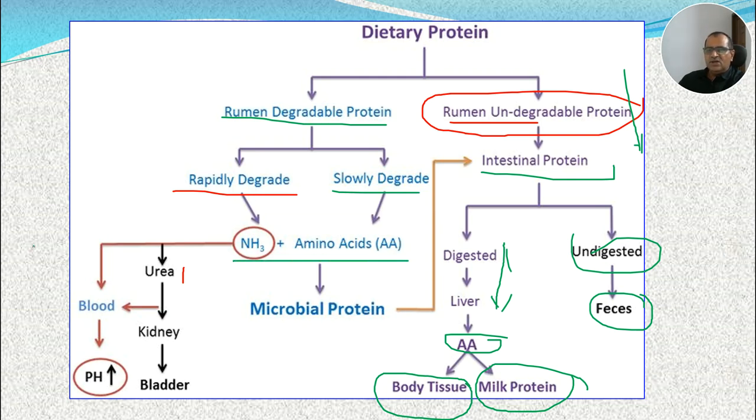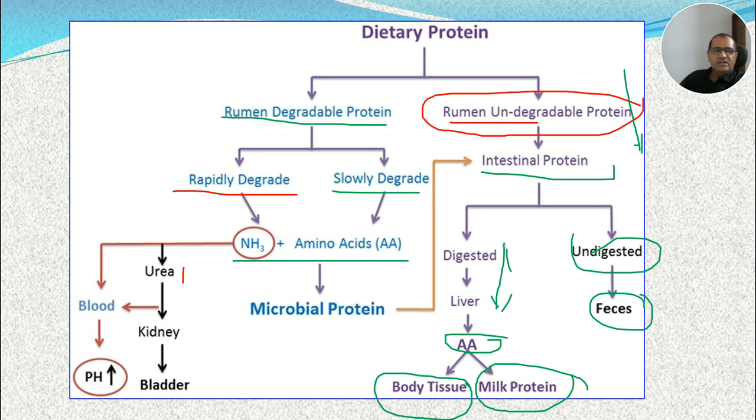The ammonia generated here is directly absorbed into the circulation and may increase the blood pH, and sometimes it is also converted to urea. Urea goes to the kidney and bladder, and the urea will also be metabolized by the liver to form certain proteins.